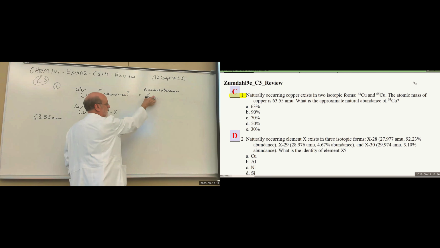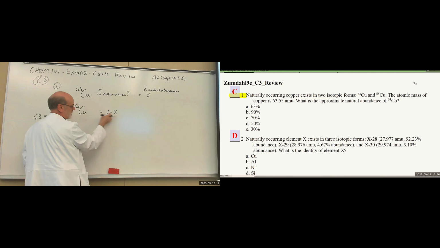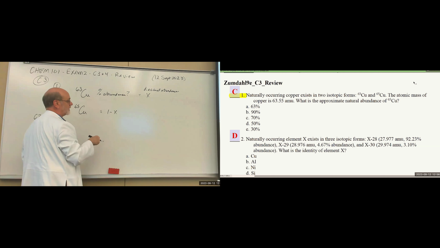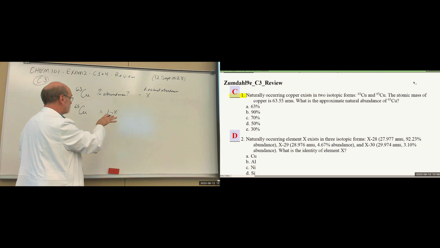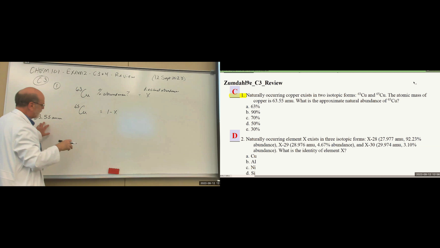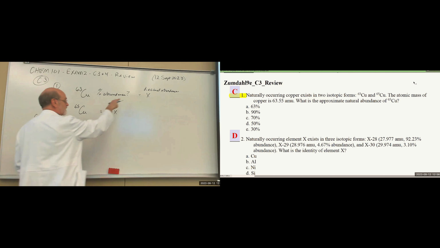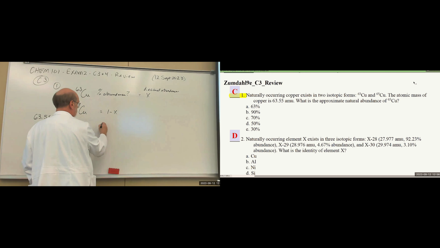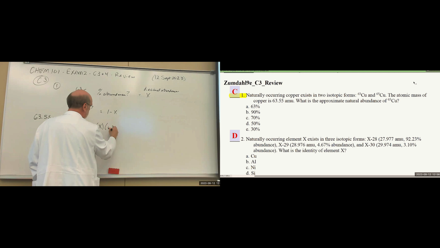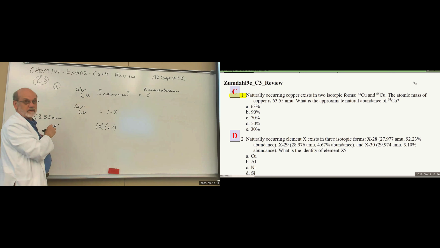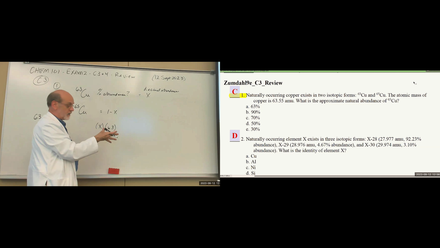So this would be something less than 1. And this, of course, would be less than 1 because we're subtracting it. All right, if we have those values, then in order to calculate this value, what we have is that decimal abundance times the mass of that isotope. Right, that equals a value.